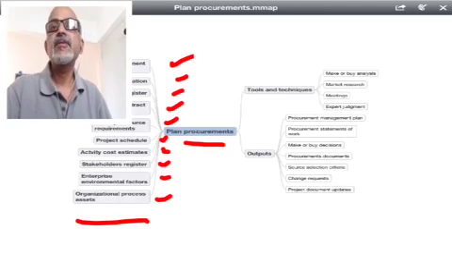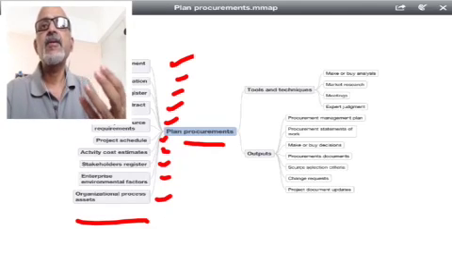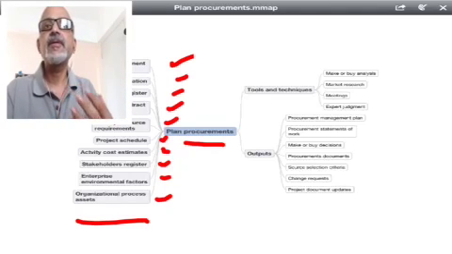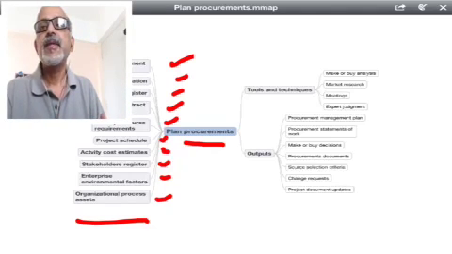So most of the things, or rather all the input side, we have already discussed, because the enterprise environmental factors and all have a major role to play on your procurements.